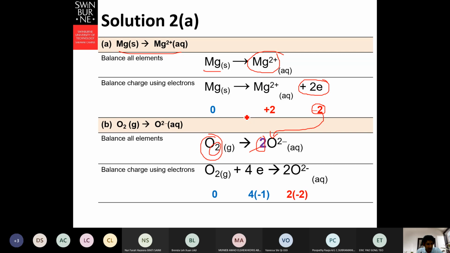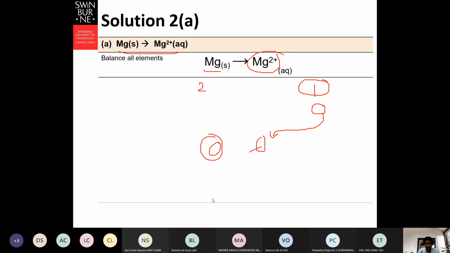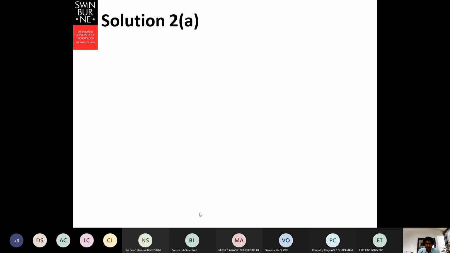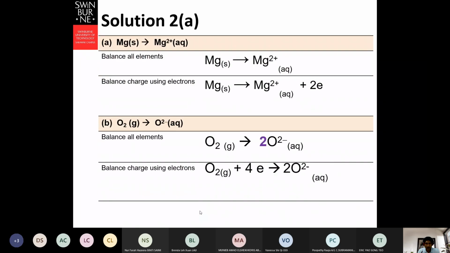These two have to come from the magnesium as well. So we have to multiply this magnesium, then only will I have 4 electrons that will balance my need. So this is how we will find out.